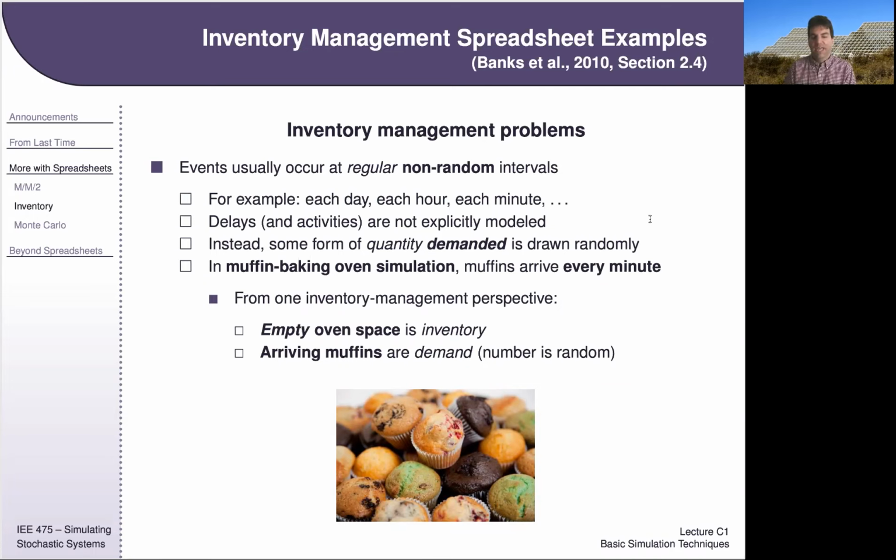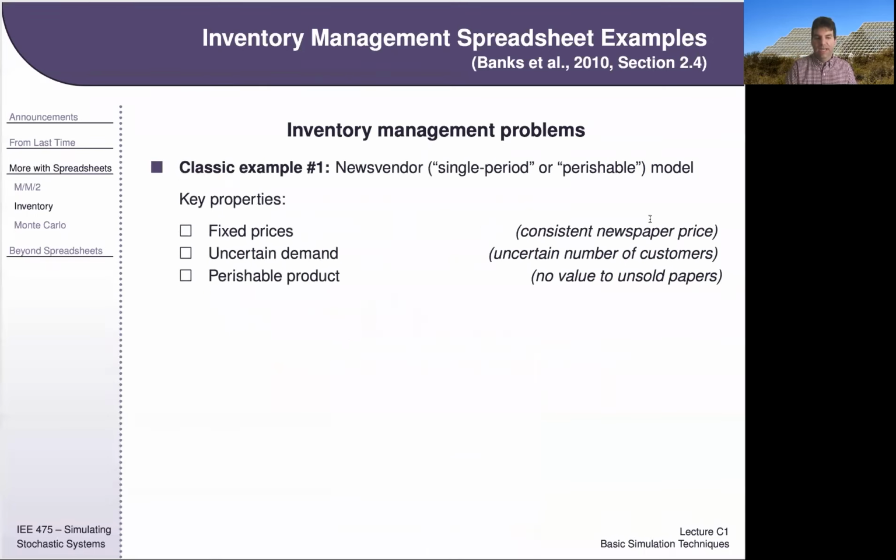In our muffin case, one way we model it as an inventory management problem is by thinking about the muffin space as an inventory and the arriving muffin orders as a demand. So we have a random demand, and we have to manage the inventory based on that demand.